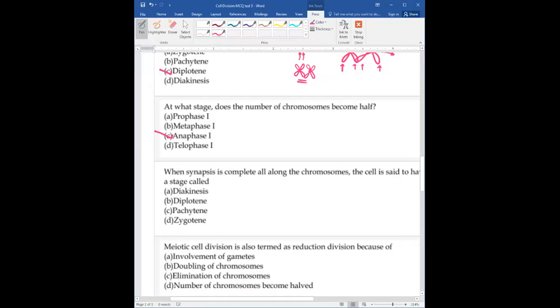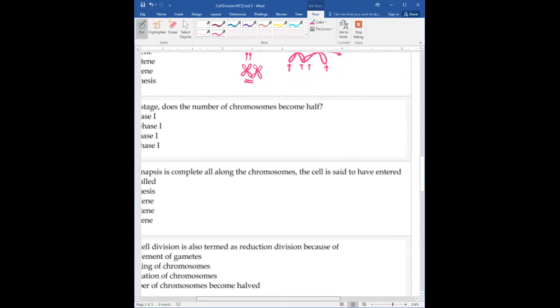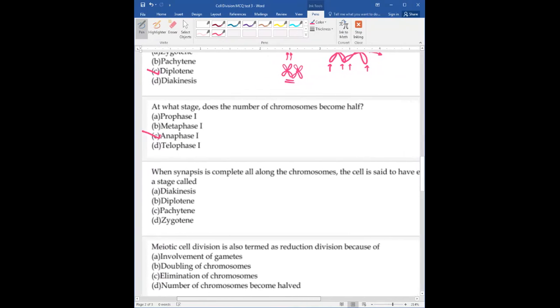Okay, next one is Vaishnavi. Vaishnavi, when synapsis is complete all along the chromosomes, the cell is said to have entered into a stage called dash. When synapsis is complete, think about it, guys.